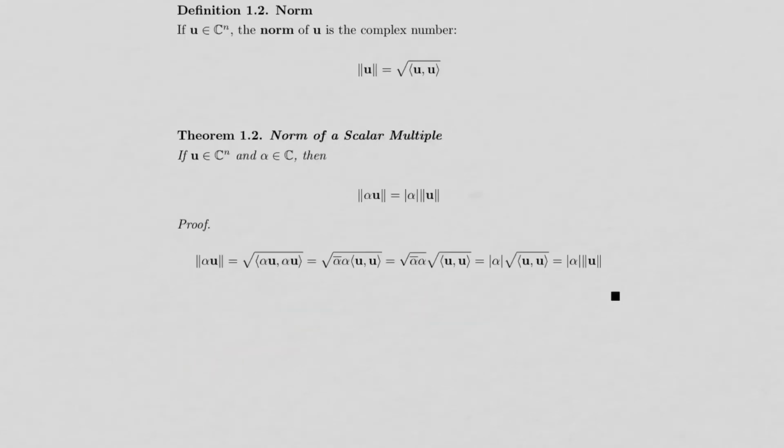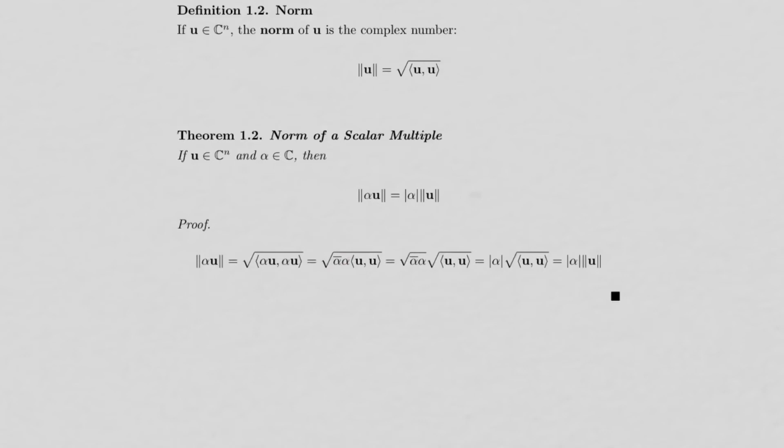Okay, now let's look at the proof of this theorem. It's a simple direct proof just using the definitions of the norm and the inner product. So the norm of αu by definition is the square root of the inner product of αu with itself. I can use the properties of inner products to factor out this α, which will come out as the conjugate of α, and then this one, which will come out as just α.